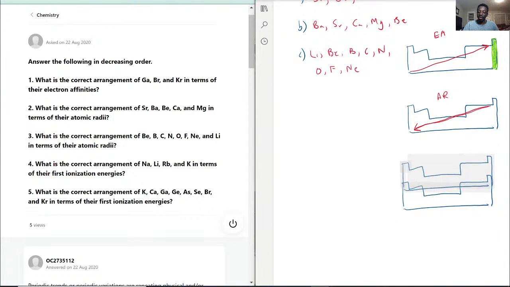Electron affinity says how much they love electrons, and ionization energy, IE, is saying how much energy it would take to get rid of an electron.